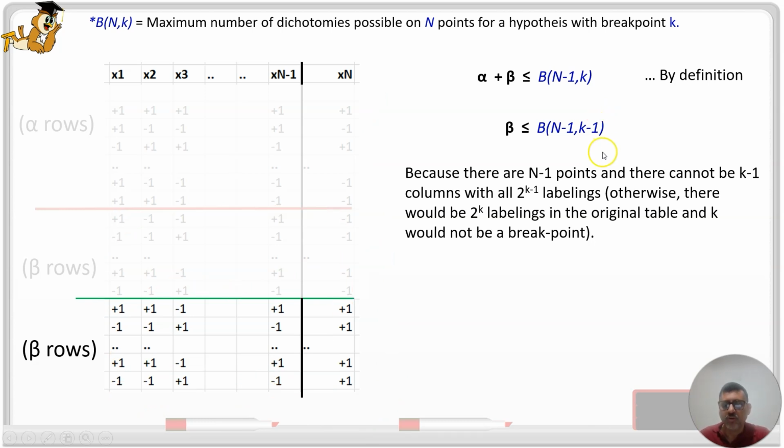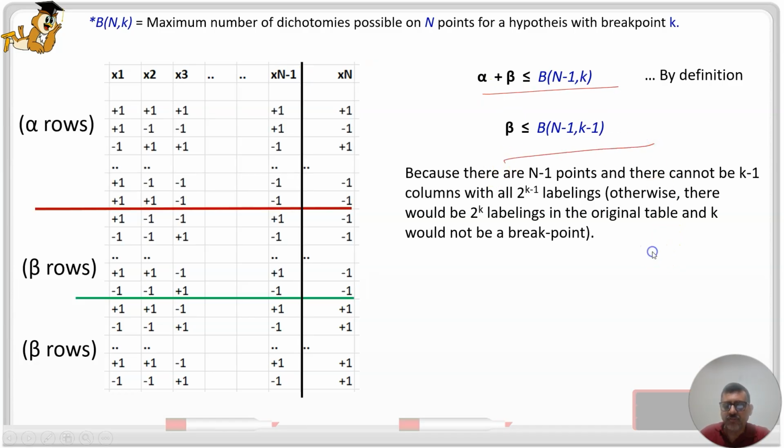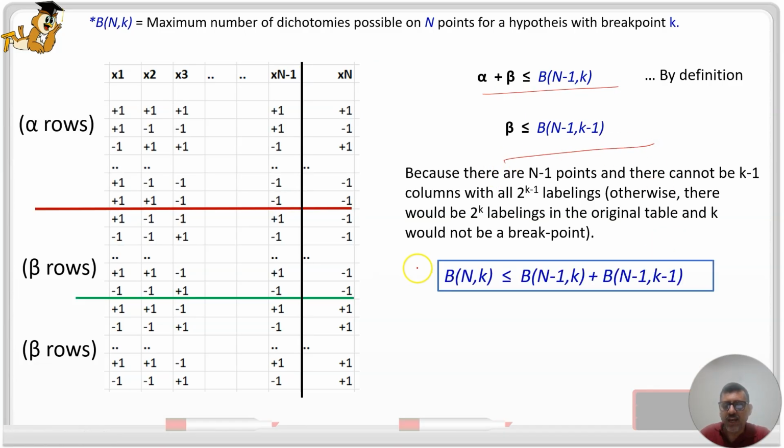Okay. So we've established that alpha plus beta is less than this, beta is less than or equal to this, and therefore we have this identity: B of n comma k is less than or equal to B of n minus 1 comma k plus B of n minus 1 comma k minus 1.